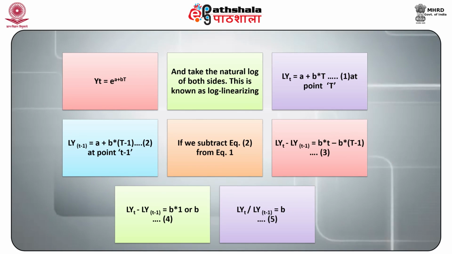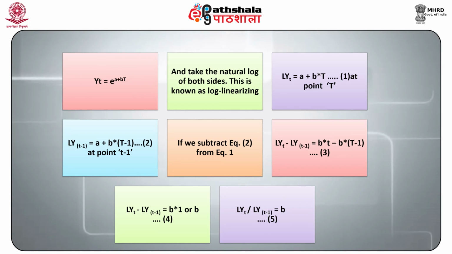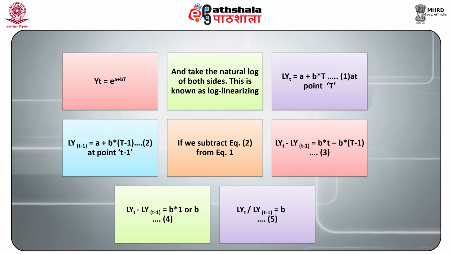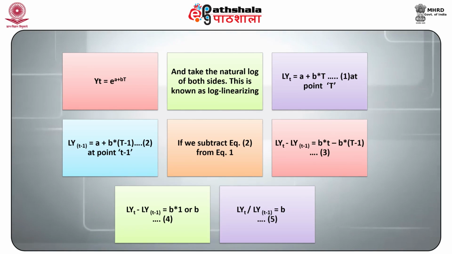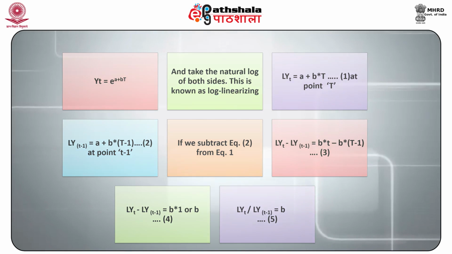Since on the right hand side we basically are left only with b, therefore on the left hand side, in log terms, this would actually be the log of yt upon yt-1.